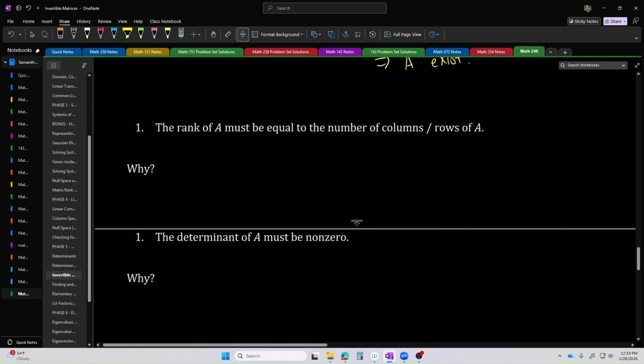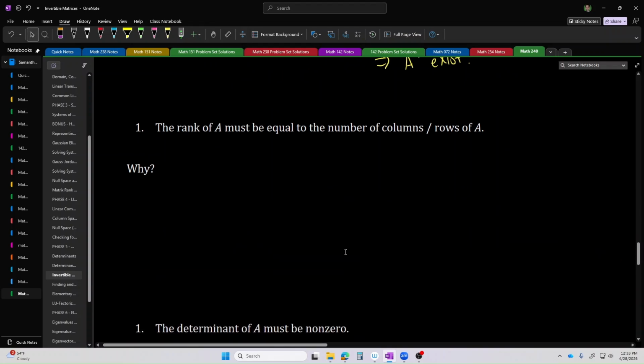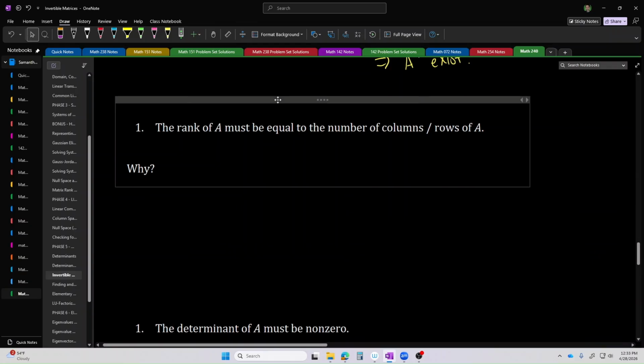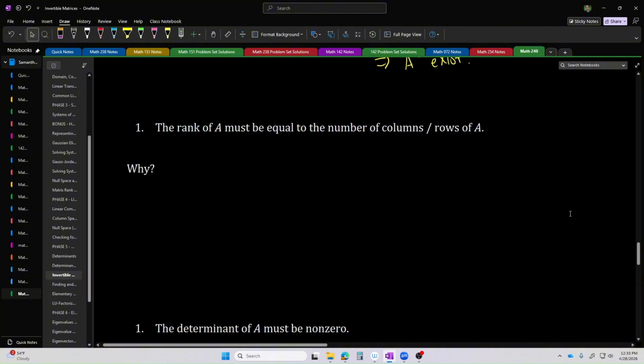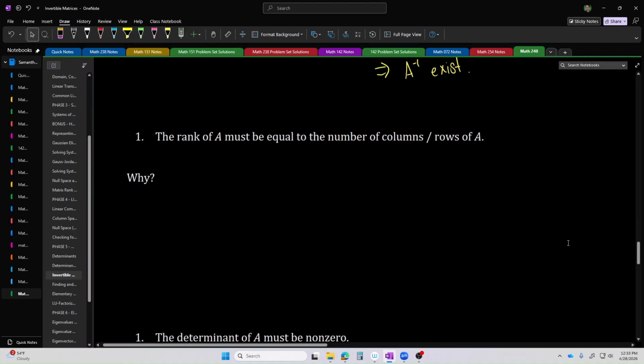Another way to understand invertibility is through the idea of rank. The rank of an invertible matrix is always equal to the number of rows and columns. In other words, an invertible matrix is always full rank. Here you can bring the rank-nullity theorem to bear.